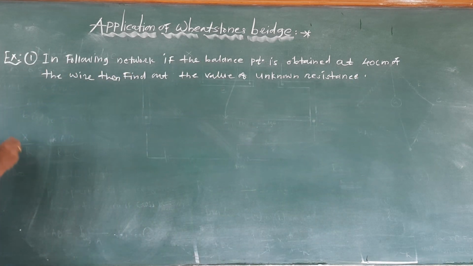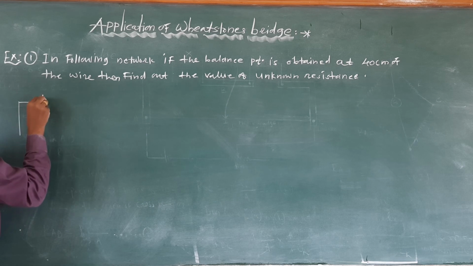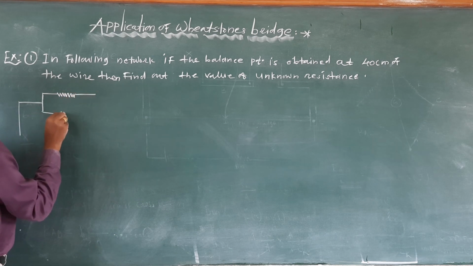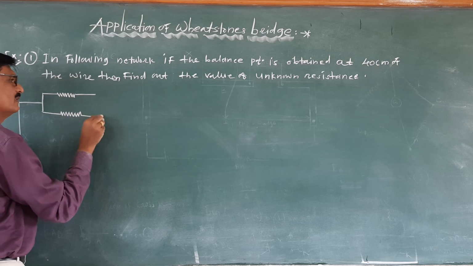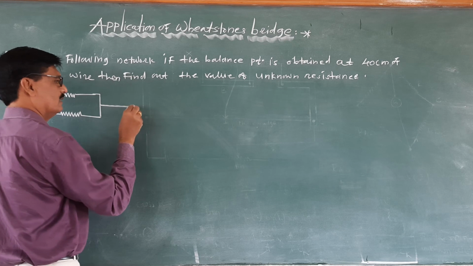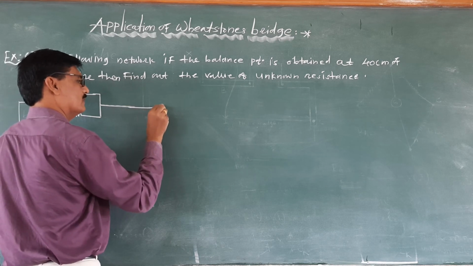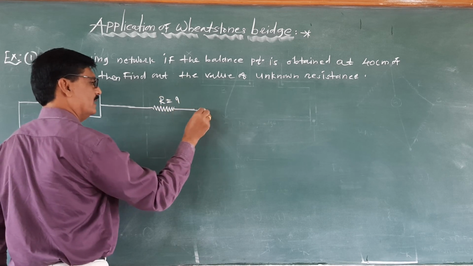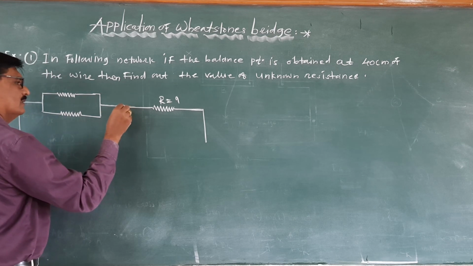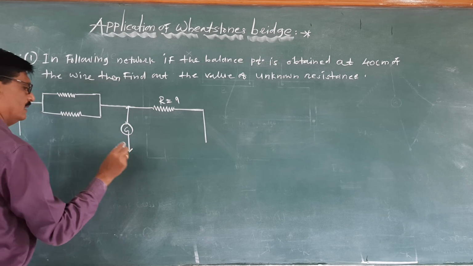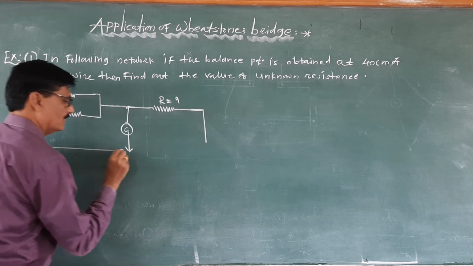I draw here an electrical circuit diagram. Suppose this is my one resistance, and the next one is connected in parallel to this. Then this parallel combination is connected to another resistor, and we have to find the value of this resistor R. This terminal is connected to a galvanometer, and the galvanometer is connected to this meter bridge wire.